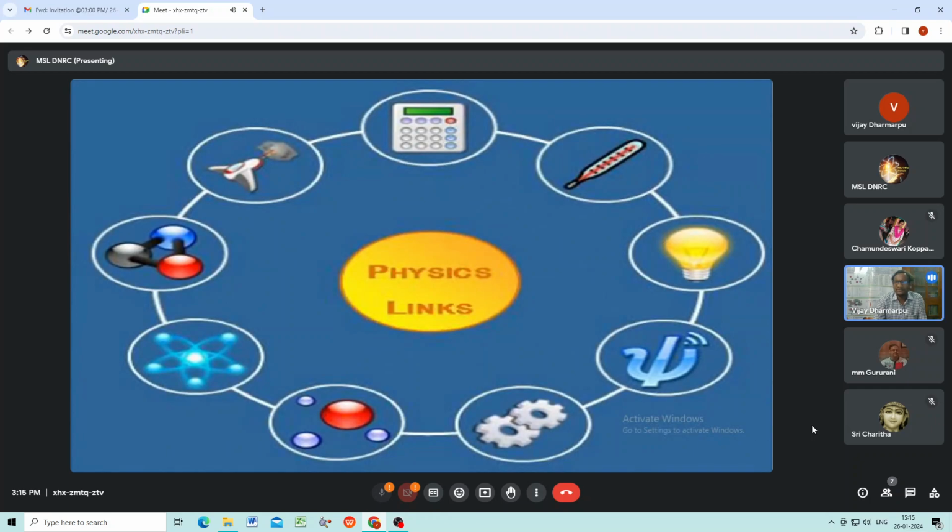And coming to physics, I already discussed how physics links to our life and society. On our earth, we have many opportunities, and many people have worked on physics principles and theories.